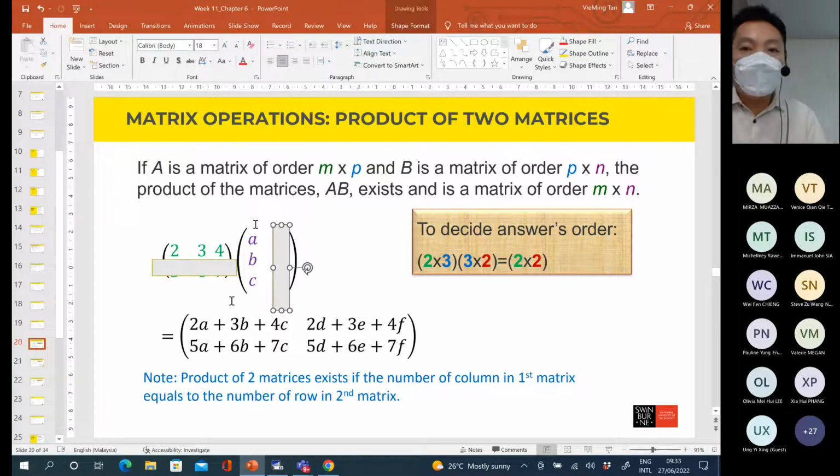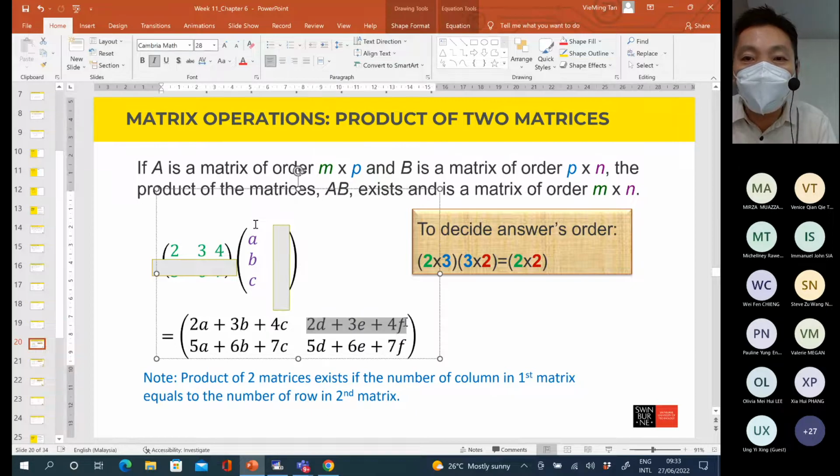Then how about this one: 2D, 3E, 4F? How to form this? The location of this element is row number 1 and column number 2.